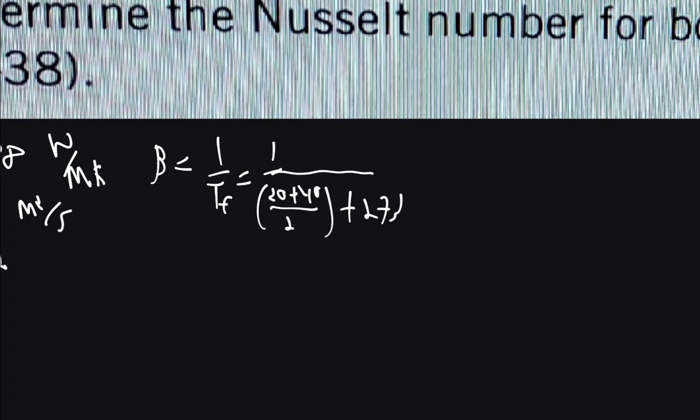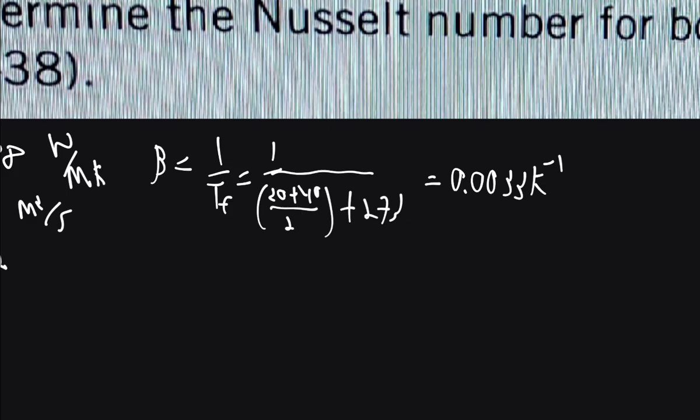This needs to be in Kelvin. This number, when we type it into our calculator, is 0.0033 Kelvin to the negative 1. Perfect.